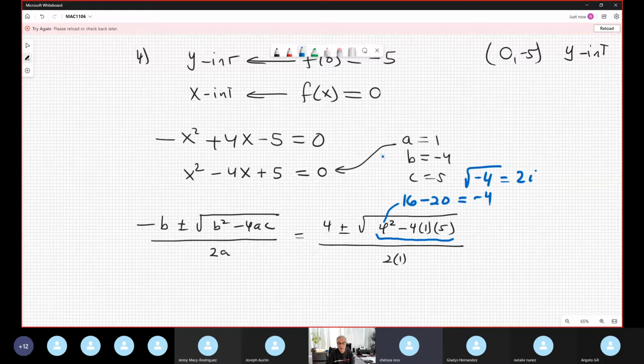If you see the expression inside the radical is negative, that is the discriminant, so you compute the discriminant, b squared minus 4ac. If this guy is negative, automatically you know that there is a complex solution. That complex solution is totally outside the game because in this chapter we are working only with real numbers.